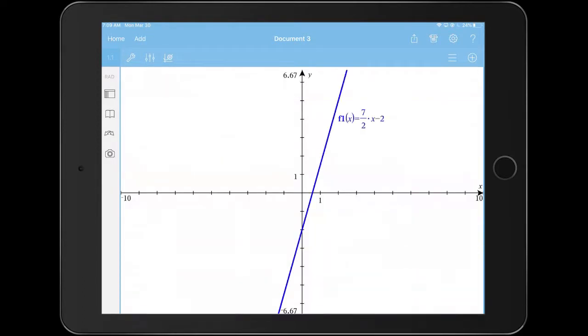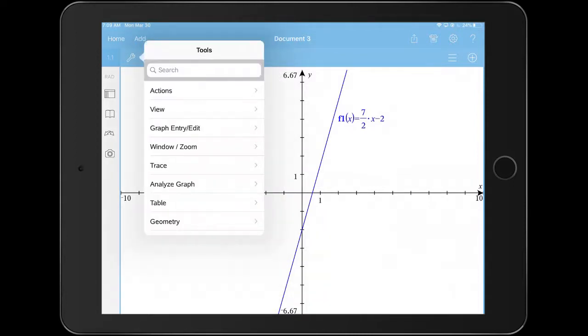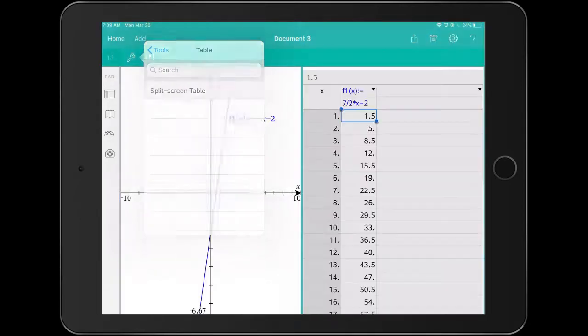Once I hit enter, the next thing I want to do, and this is a little bit different than your calculator, is get my table of values. So I'm going to hit the wrench, go over to table, and then split screen table.